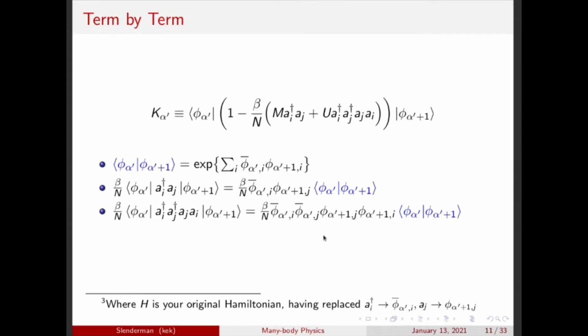Okay. So now we know that this K alpha is the sum of this plus this plus this. Well, there's a minus sign here and here.